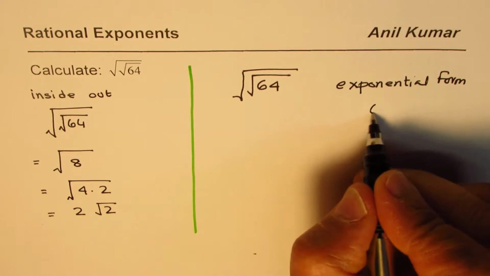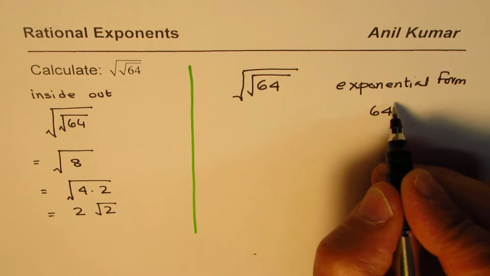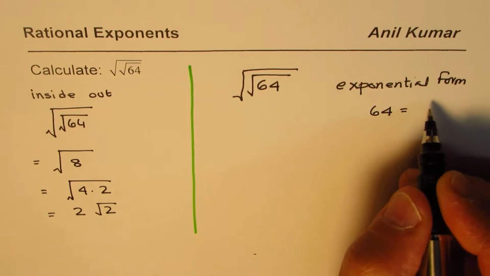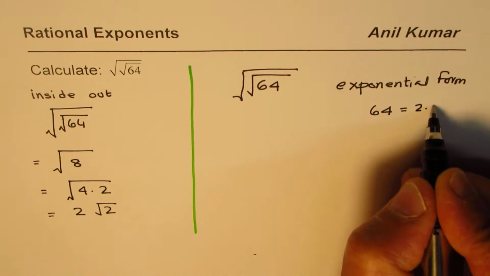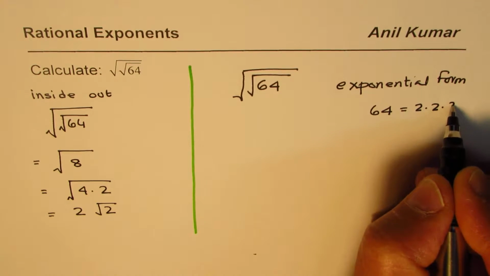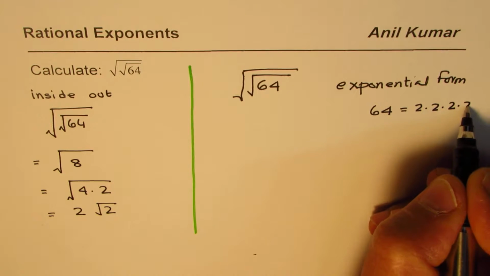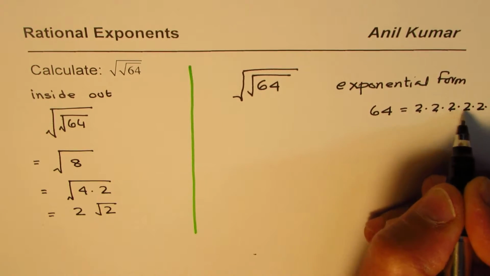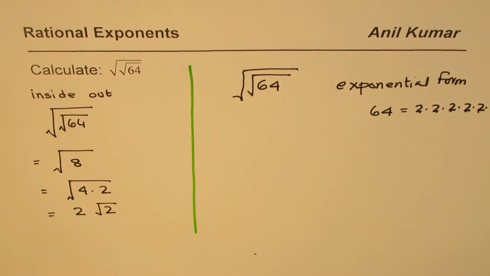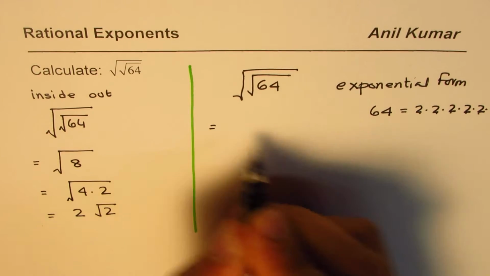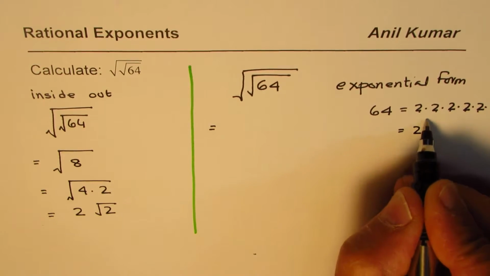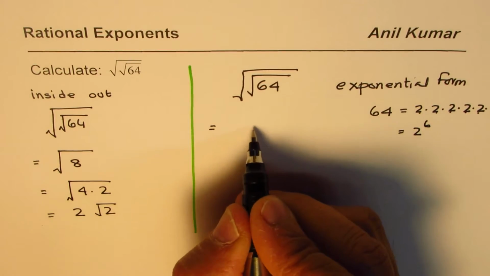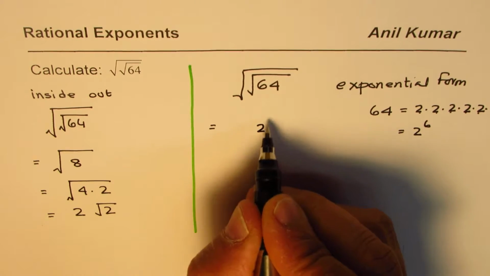We know 64 can be written as what? 2 times 2 is 4, 4 times 2 is 8, 8 times 2 is 16, times 2 is 32, times 2 is 64. That is 1, 2, 3, 4, 5, 6. So 64 can be written as 2 to the power of 6, correct?